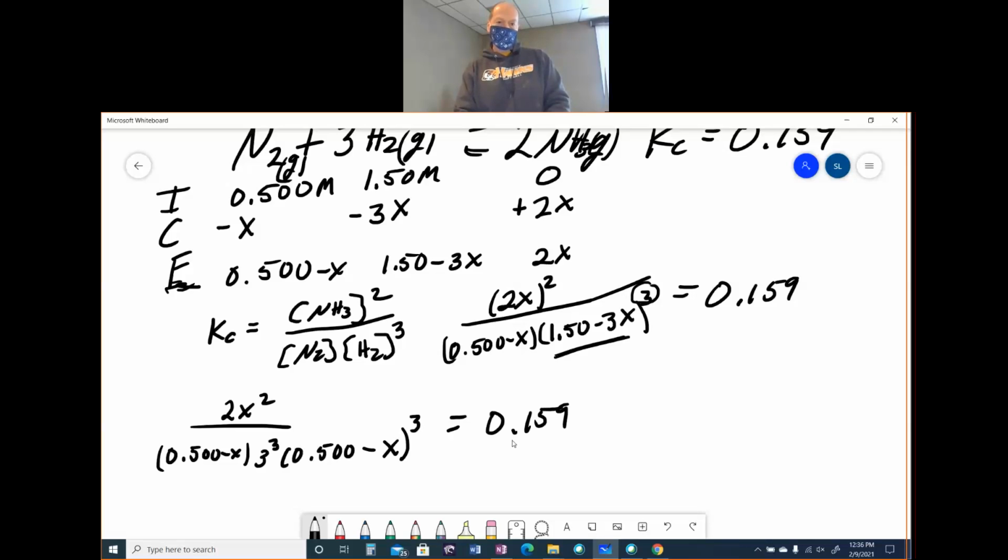All right, and so now when I combine my 0.5 minus x and my 0.5 minus x to the third, now I have a 0.5 minus x to the fourth. Forgot my parentheses. All right, so I have my 2x squared, and I have my 0.500 minus x now to the fourth.